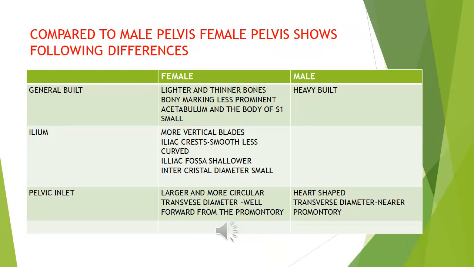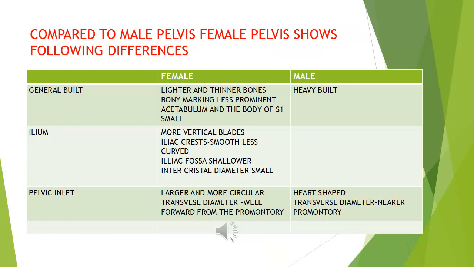Then, the articular surfaces, acetabulum, and the body of the first sacral vertebra are smaller in size. If you come to the ilium, the blades in the case of the female pelvis are more vertical but smaller in height. The iliac crests are smoother and less curved because the muscular attachments are more prominent in the case of male.